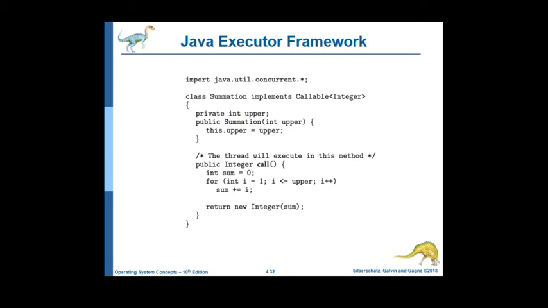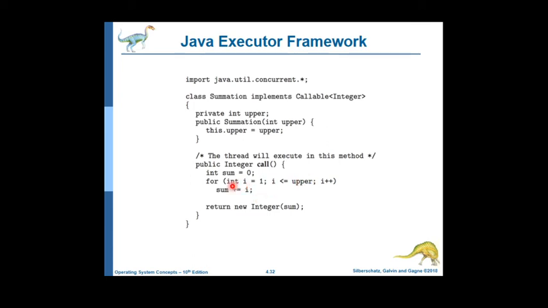The Summation class implements the Callable interface, which specifies the call method. It is the code in this call method that is executed in a separate thread.